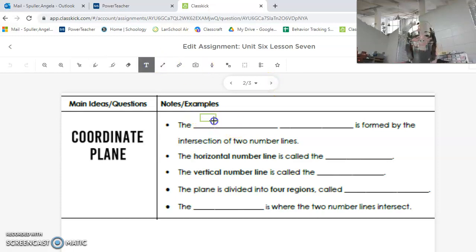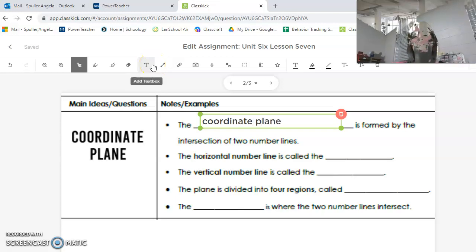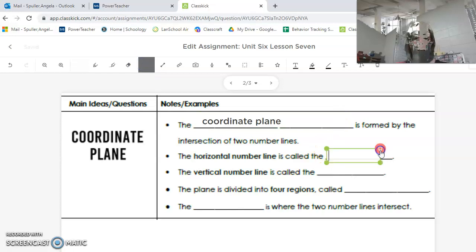The coordinate plane, I can't type today, is formed by the intersection of two number lines. The horizontal line is called the x-axis.